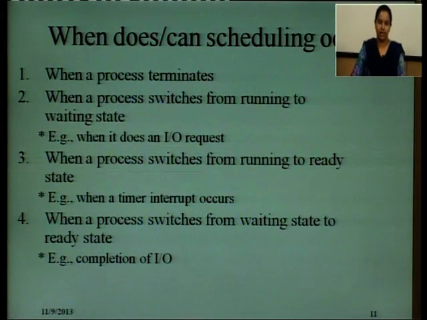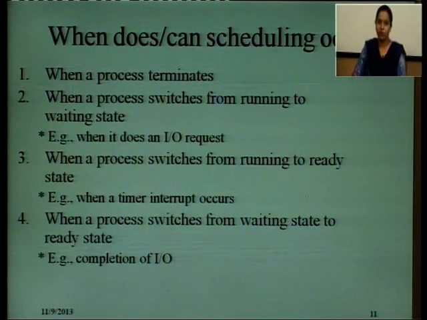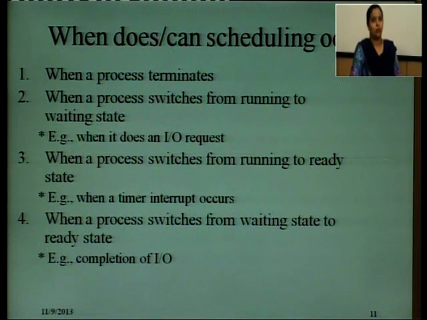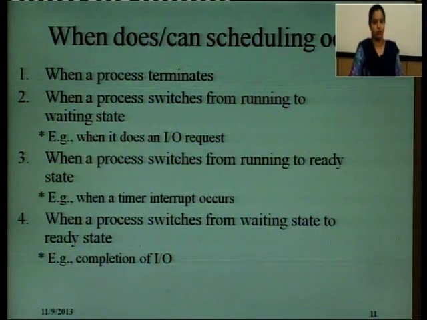So we are revising, when does scheduling occur? When a process terminates, when a process switches from running to waiting state, we need the scheduling. When a process switches from running to ready state, then we also need the scheduling. When a process switches from waiting state to ready state, then we also need the scheduling.